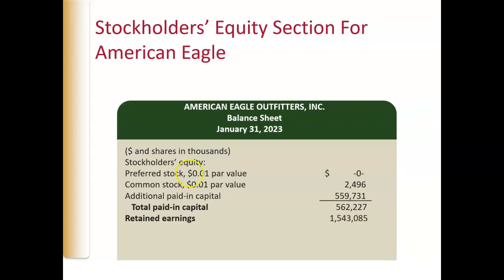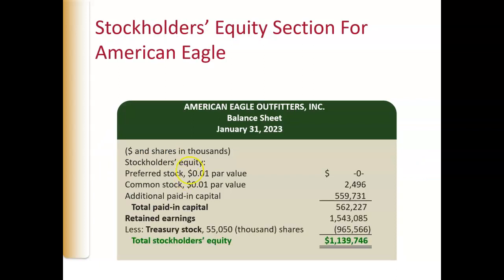Here you see the stockholders' equity section of American Eagle. You see they have two types of stock. We're going to talk about preferred stock. In this case, they don't have any preferred stock. They only have common stock. This additional paid-in capital is that portion of the common stock that's over and above the par value, which we'll talk about today.